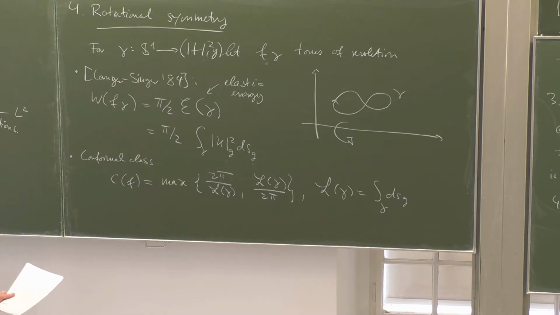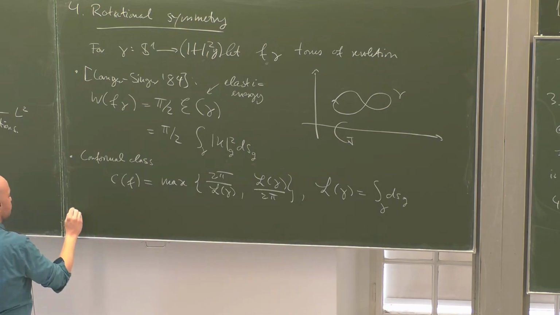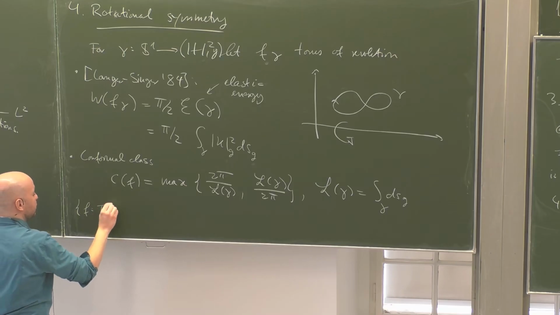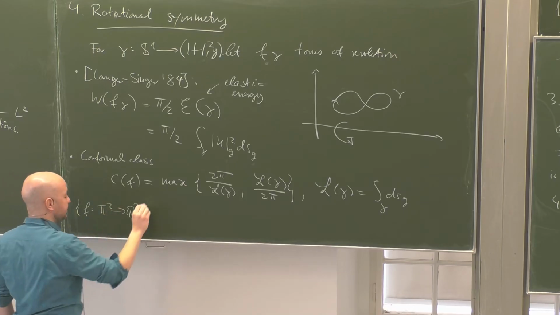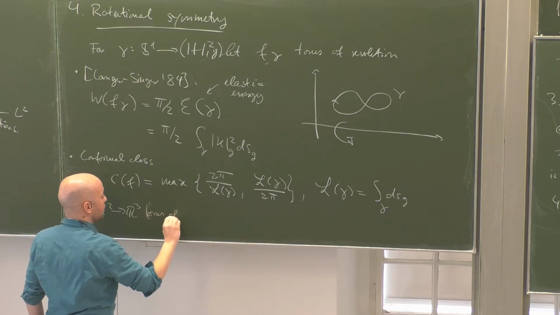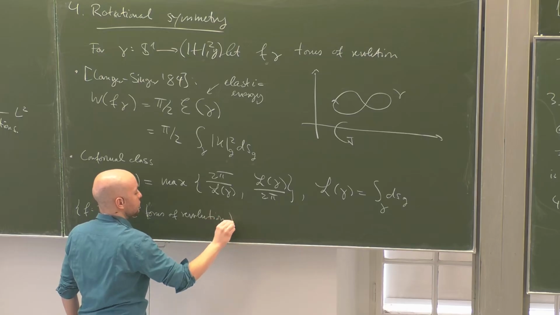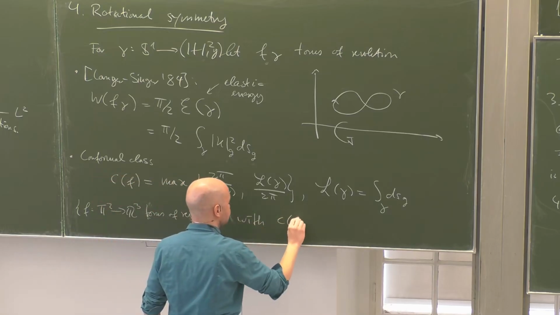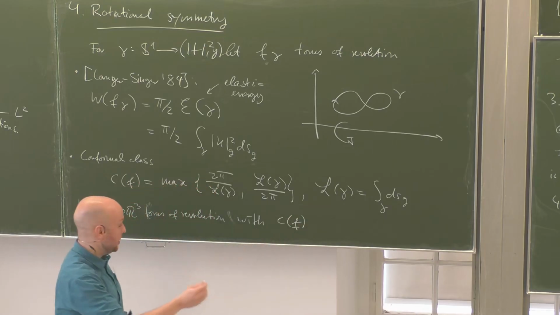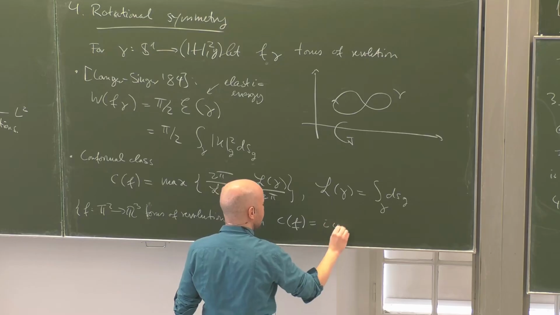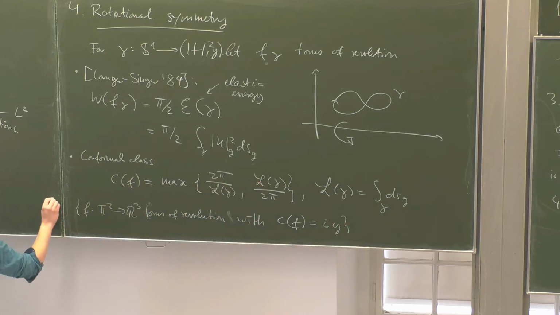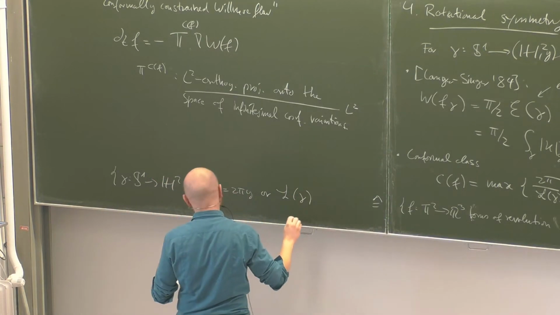And in particular, the set of tori of revolution with a fixed conformal class, which, as I said, is a purely imaginary number, so I write it like i times y, corresponds to a specific collection of curves in the hyperbolic half space, where the length is 2 pi y or is 2 pi.